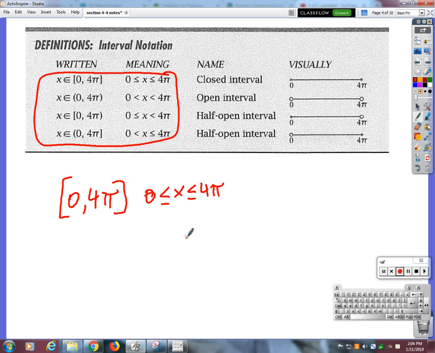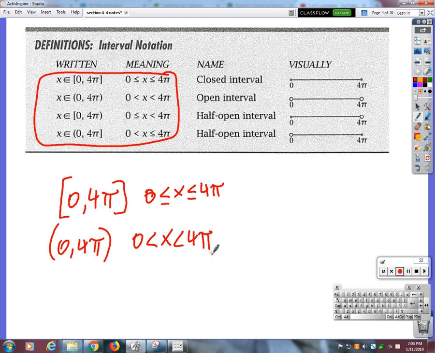So the square brackets means it could also be equal to that. The round brackets, like the next one, means that it's greater than or less than, but not equal to. Does that distinction make sense?